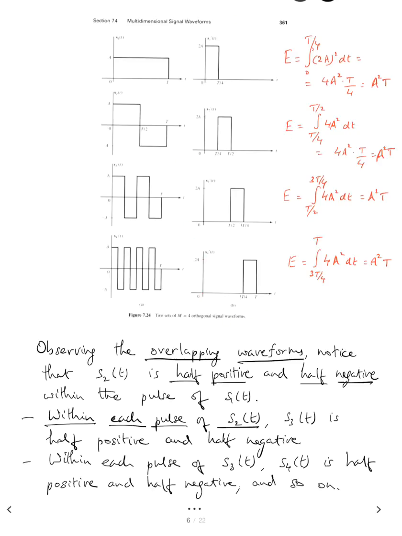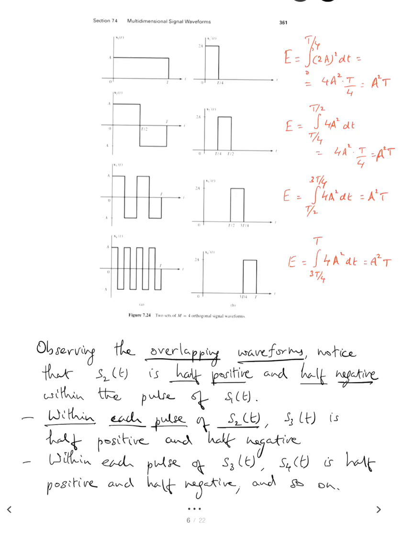The reason is, as you'll see a bit later, the signal space representation of non-overlapping waveforms is such that each of these signals lies on an axis. So S1 dash of t will lie on the axis corresponding to the basis function phi 1 of t. The second signal will be a point on the second axis represented by the second basis function phi 2 of t. And since these basis functions are orthogonal, the signals which lie on them are also orthogonal.